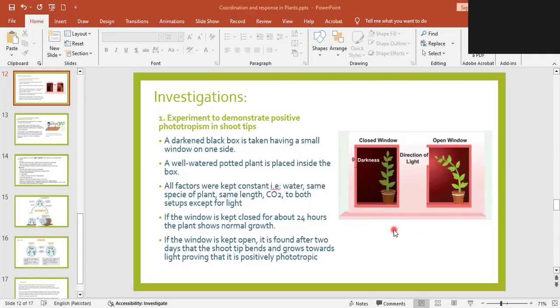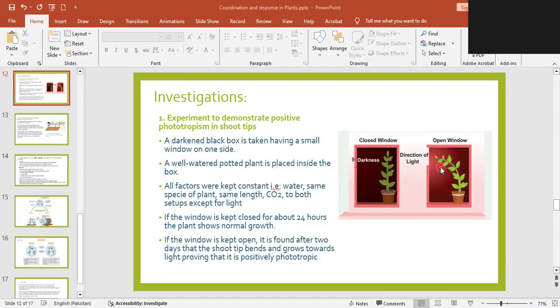In order to study this phototropism, I put the plant in a box where the whole box is closed and a certain area is open, so that light is provided to the plant from one side. You can see in this picture, I have placed a plant in a room and opened a window in a certain direction to see whether the effect of light is positive phototropism or not.